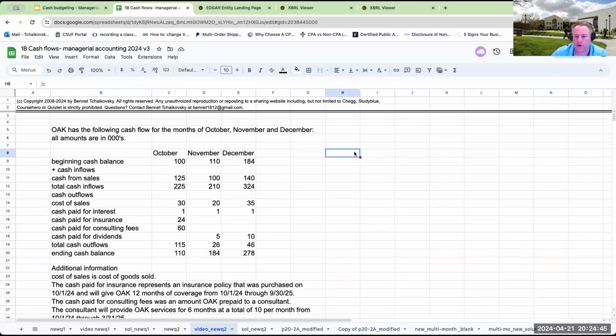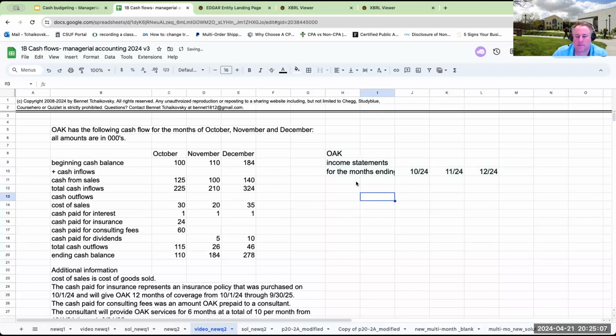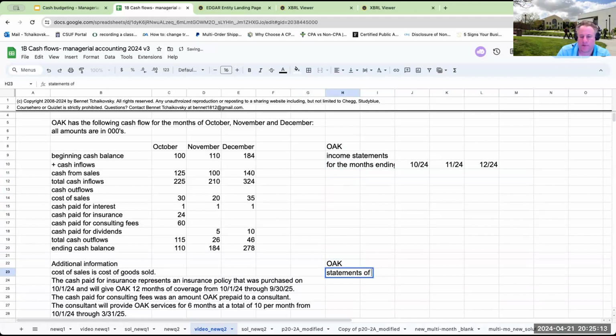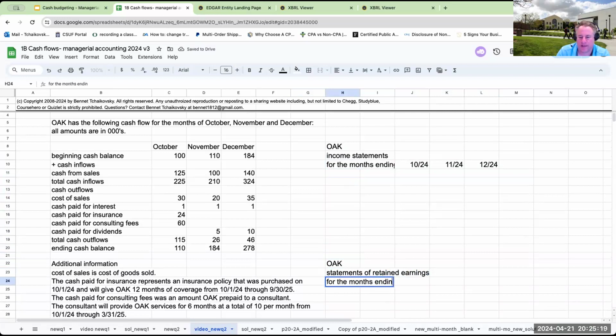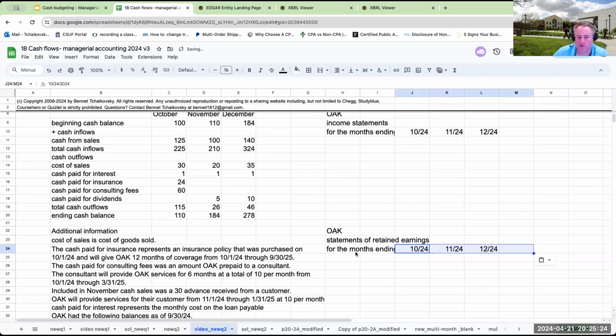So for Oak, we're going to have Oak income statements for the months ending 10/24, 11/24, and 12/24. Then we're also going to be asked to prepare Oak statements of retained earnings for the months ending 10/24, 11/24, and 12/24.